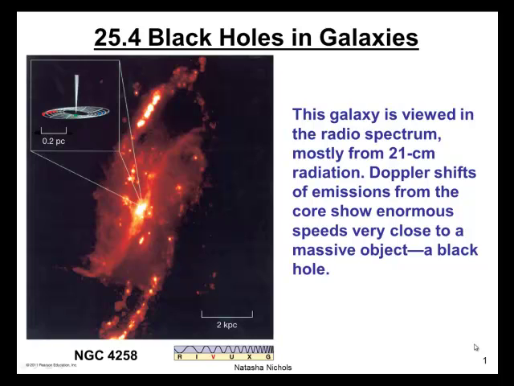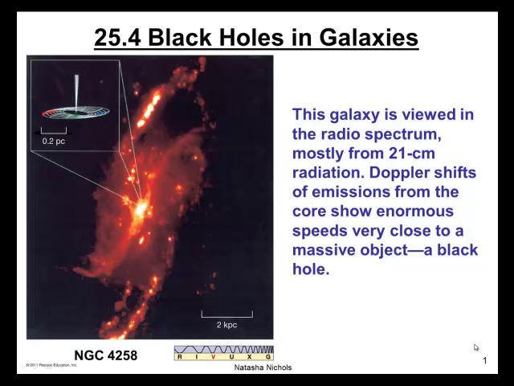In this picture right here, we see a galactic black hole. A network of radio telescopes has probed the core of the spiral galaxy NGC 4258, which is shown here in the light of mostly hydrogen emission.